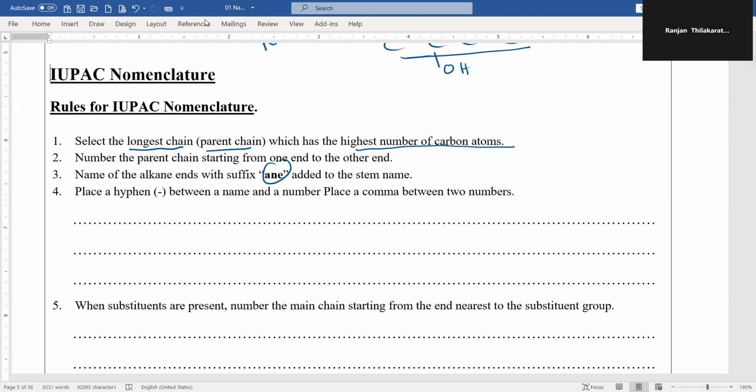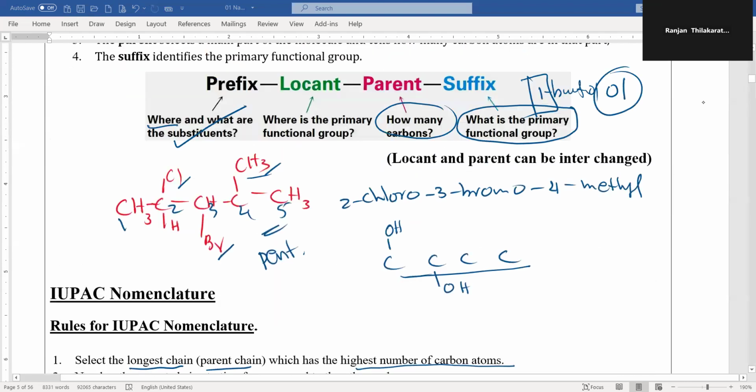And the fourth rule is to place a hyphen between a name and a number, and place a comma between 2 numbers. I used this hyphen to separate name and number, and name and number like that.